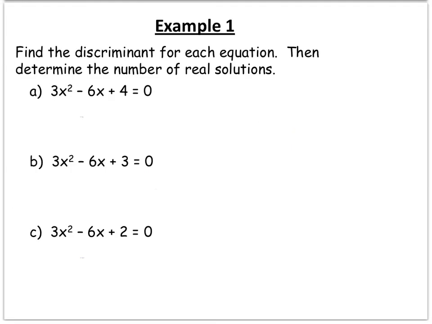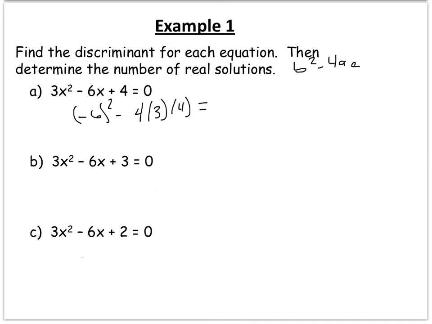Let's do discriminant here. So we want to find the discriminant for each equation. Then we're going to classify or identify the number of real solutions. Okay, so we'll just start with A here real quick, and we'll do all these 3 real quick. The discriminant is b squared minus 4ac. So I have b squared, so negative 6 squared minus 4 times 3 times 4.